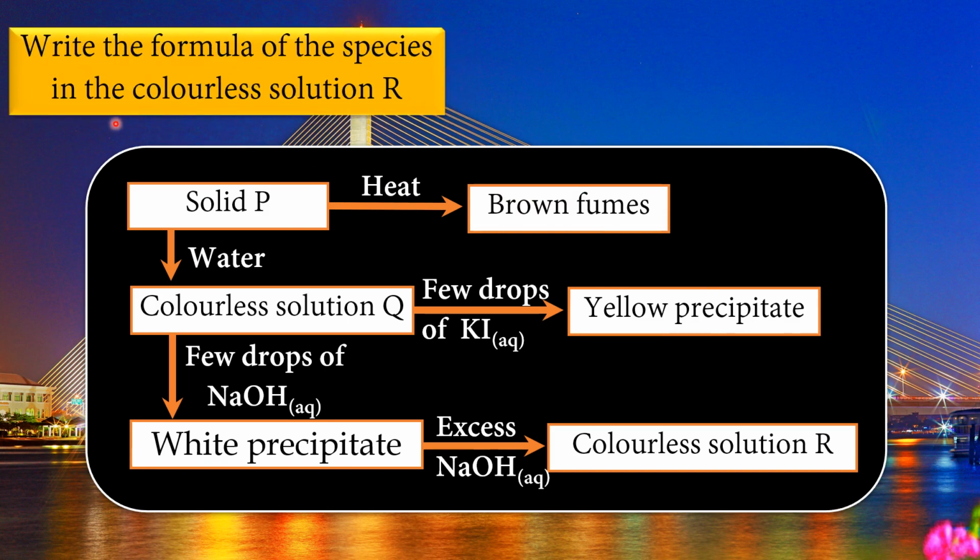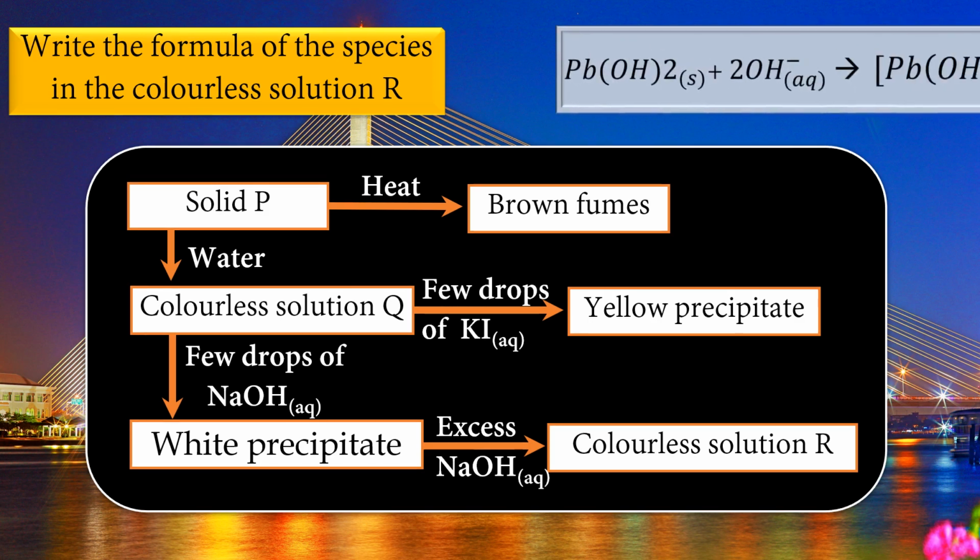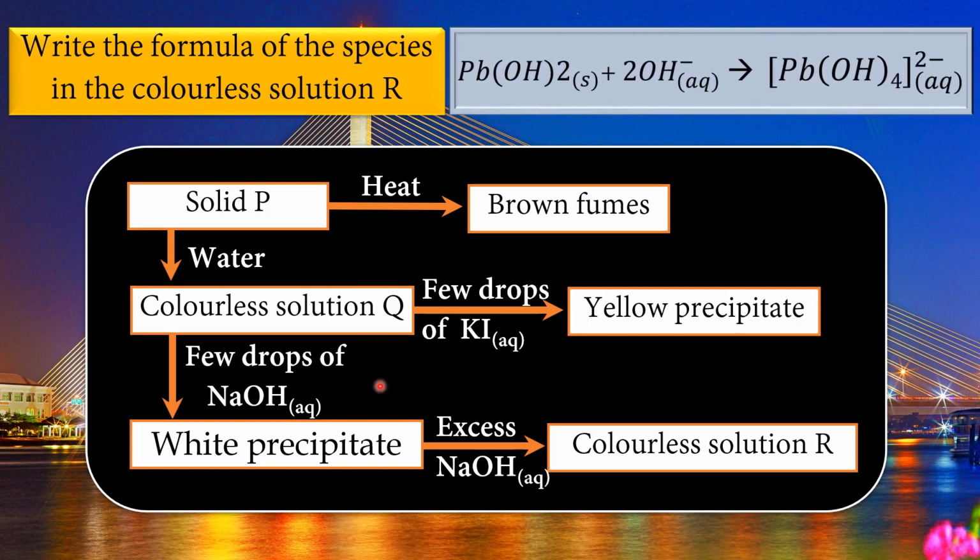Write the formula of the species in the colorless solution R. What are those species in this colorless solution R? Now, the colorless solution R was obtained from the white precipitate, and that white precipitate was lead(II) hydroxide.